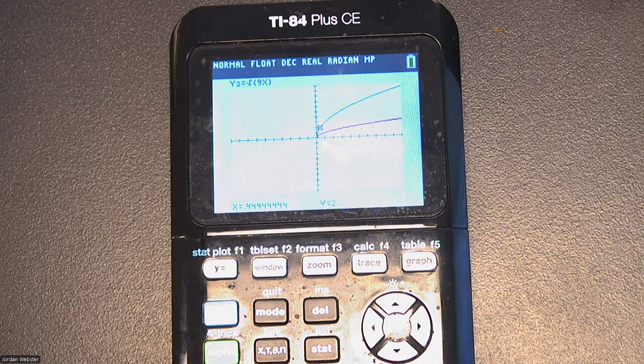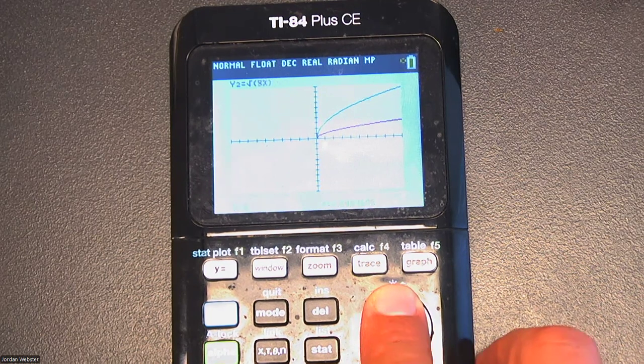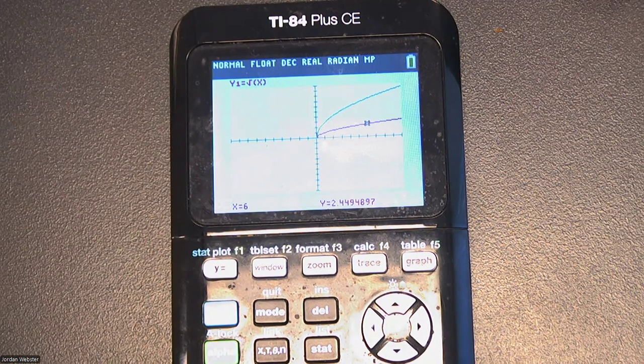Make sense? And that works for any value. If I had x equals 6 on this bottom one, notice the output is 2.4494897.